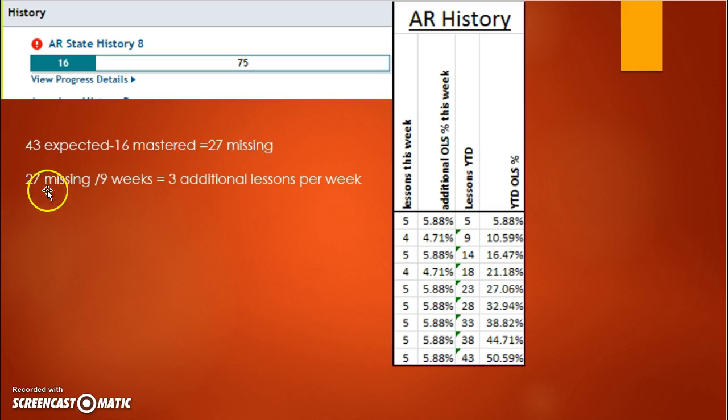And it just so happens that when you take that 27 missing, divide it by the 9 weeks that we're currently doing, it gives an additional 3 lessons a week. You can find the time to do the additional 3 lessons a week to get that 100%. And either way, even if you do 2 additional lessons a week, it's going to help their grade.